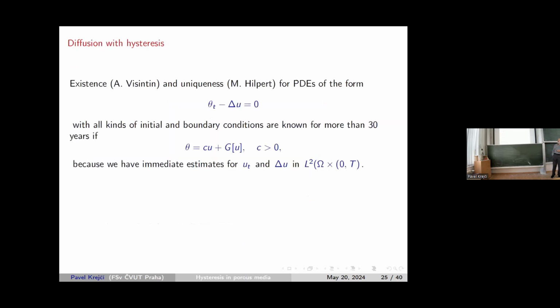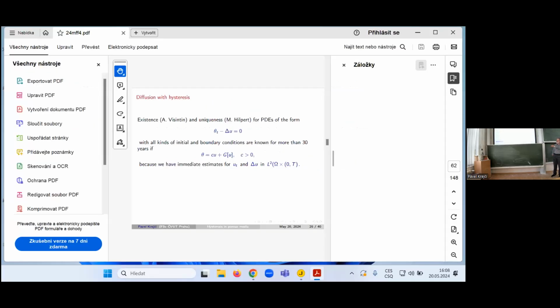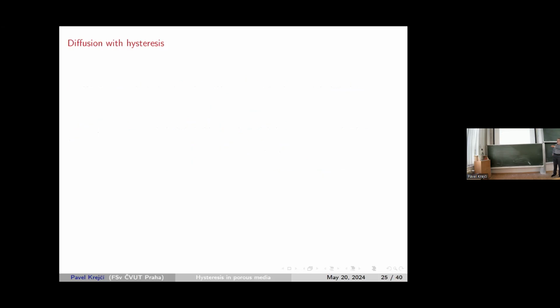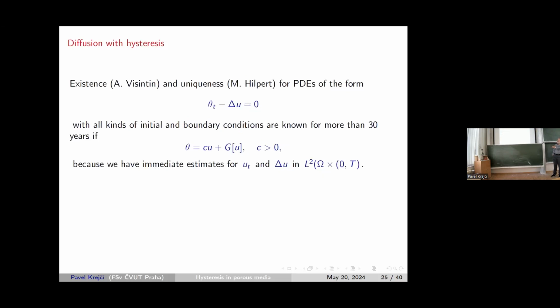Now, the problem of diffusion. Already in the 1980s, there were results about existence by Augusto Visintin and uniqueness by Martin Hilpert for PDEs of that kind. Theta is, again, the moisture content.